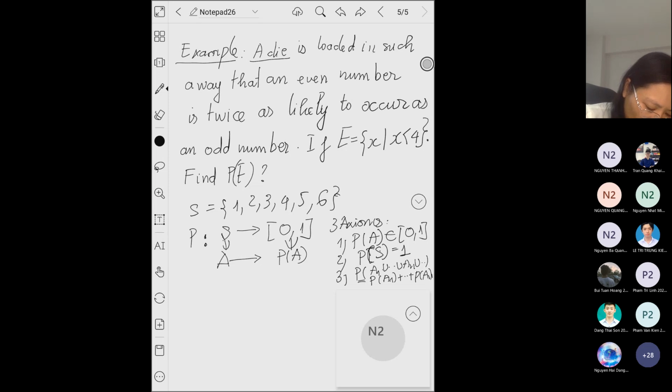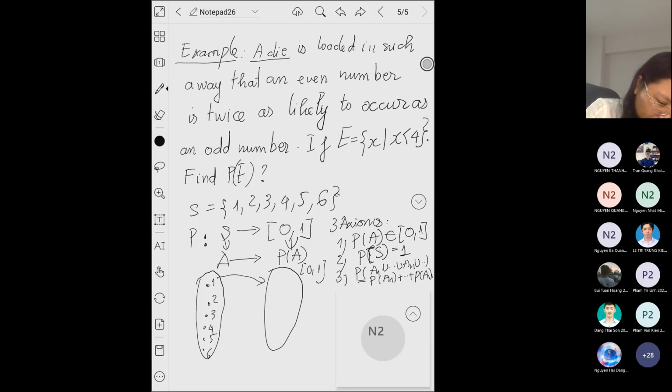Now we assign a map: 1, 2, 3, 4, 5, 6 are outcomes, and we map them to the interval 0 to 1.